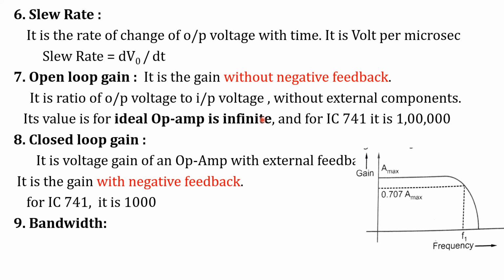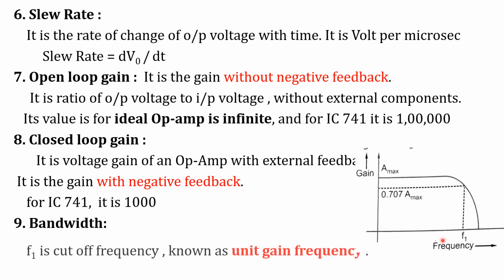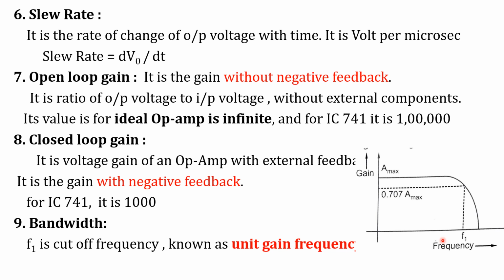The curve shows the frequency corresponding to 0.707 multiplied by the maximum gain, and its corresponding frequency is F1. That F1 is known as the cutoff frequency, or also the unit gain frequency.